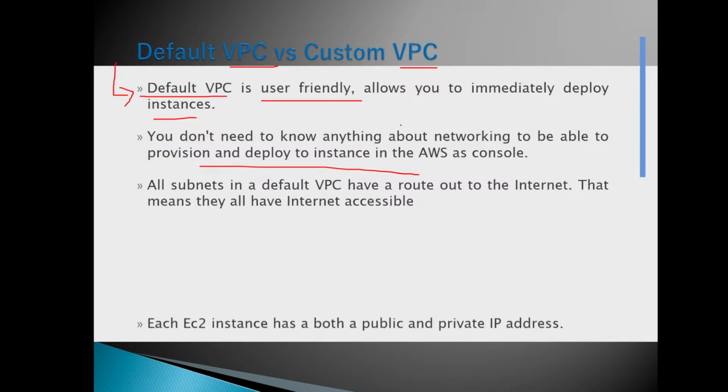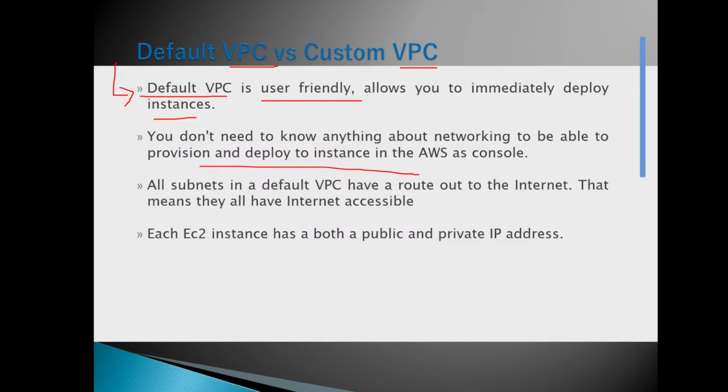All subnets in default VPC are routed to the internet. That means they have internet access. So this is important. Till now, whatever EC2 machines we have created, we are able to connect to them over the internet. That means the machines have an internet connection. Why do they have it?